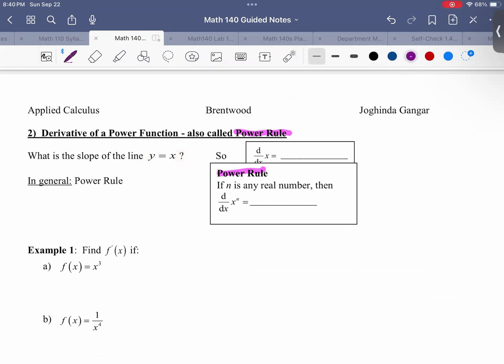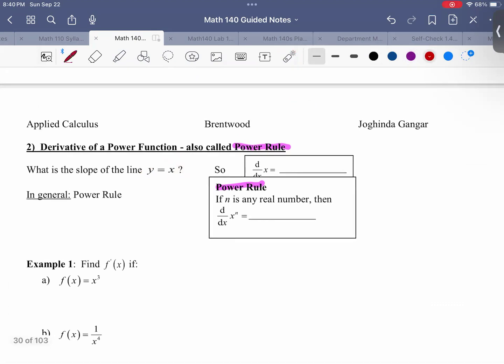If we think about y equals mx plus b, and our function is y equals x, well, we have that invisible 1 right there. So that means our slope equals 1. So the derivative of x is really just 1.